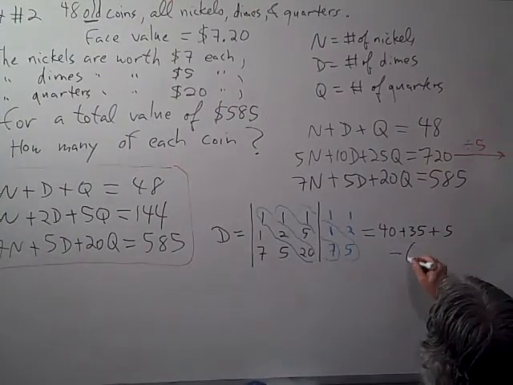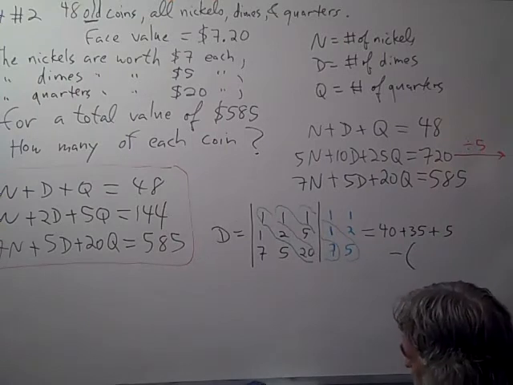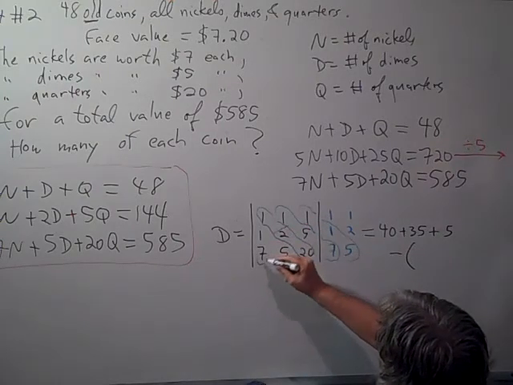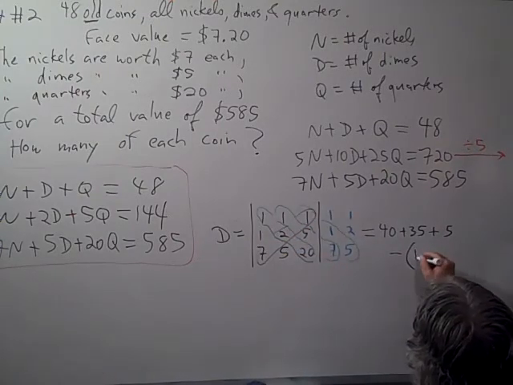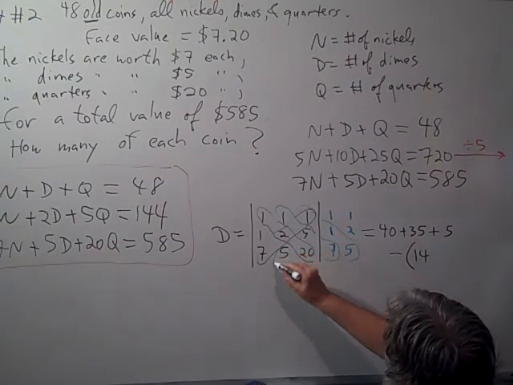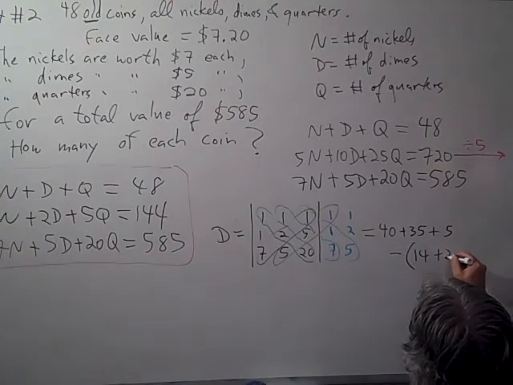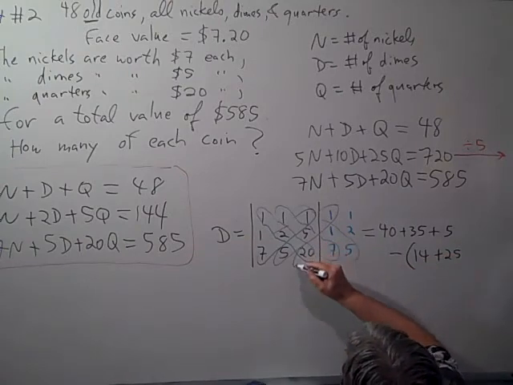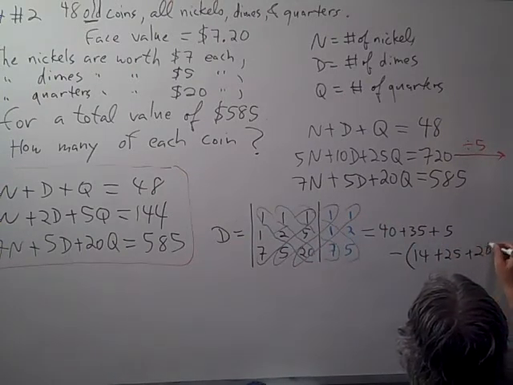Now we subtract going the other way, the other diagonals. So we have 7 times 2 times 1, which is 14. We have 5 times 5 times 1, which is 25. And we've got 20 times 1 times 1, which is 20.